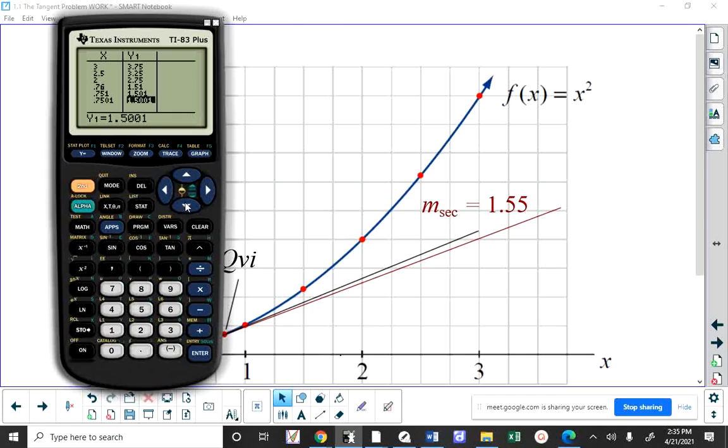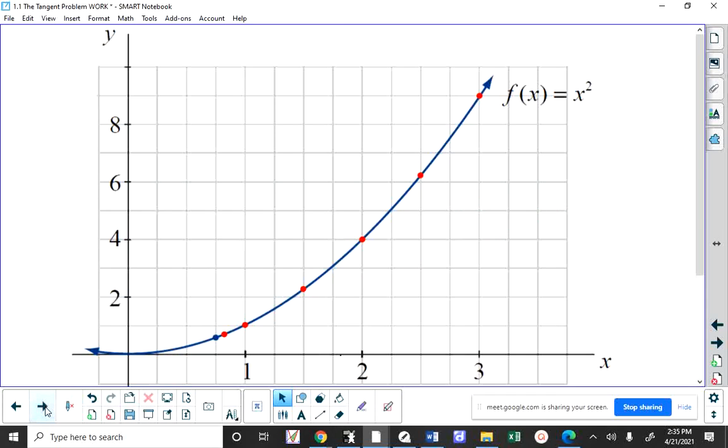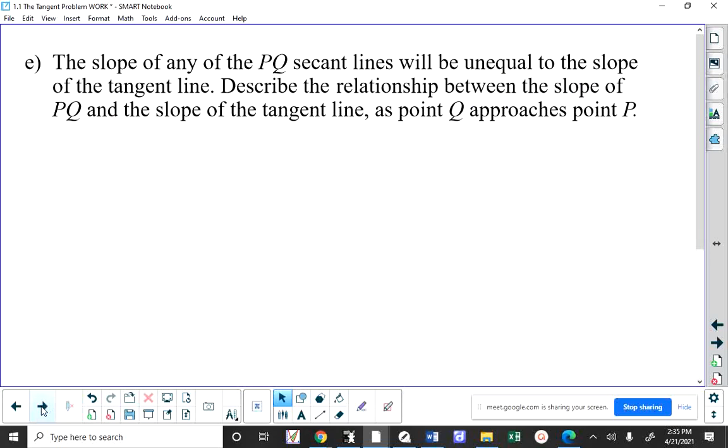Okay, so we're going to put that all together now. The slope of any of the PQ secant lines will never be equal to the slope of the tangent line, ever. It's impossible. But what's the relationship between the slope of PQ and the slope of the tangent line as Q approaches P? We write it this way.